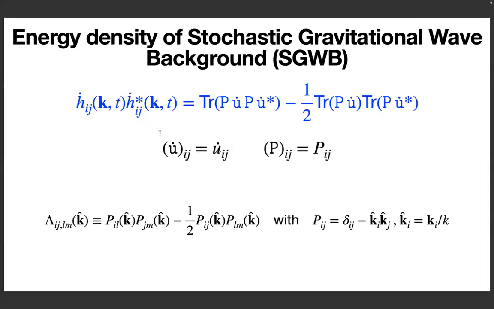And actually, I can rewrite this because, as you can see, I am contracting the indices i, j. Basically, this is like taking a trace over matrices, and I can rewrite the product of the transverse traceless tensors just as a function of the U fields, the ones that I evolve, and the projector. And this is a very easy equation.